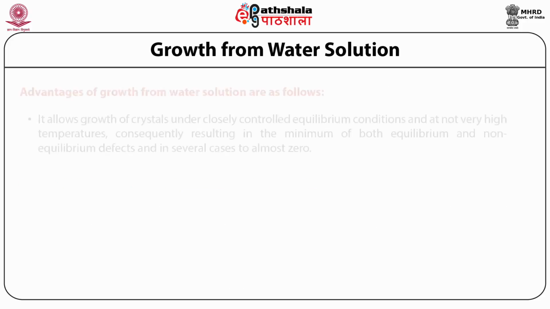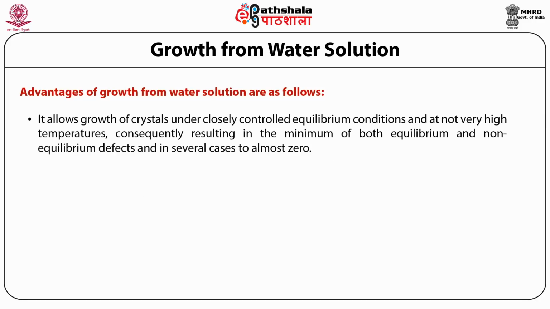Number four, it allows growth of crystals under closely controlled equilibrium conditions and at not very high temperatures, consequently resulting in the minimum of both equilibrium and non-equilibrium defects, and in several cases almost zero.